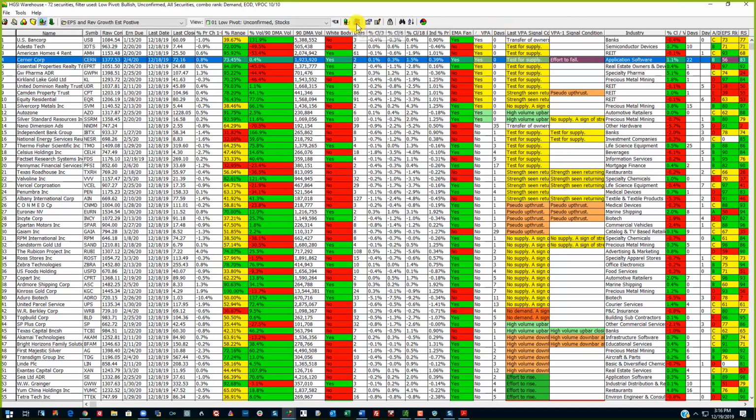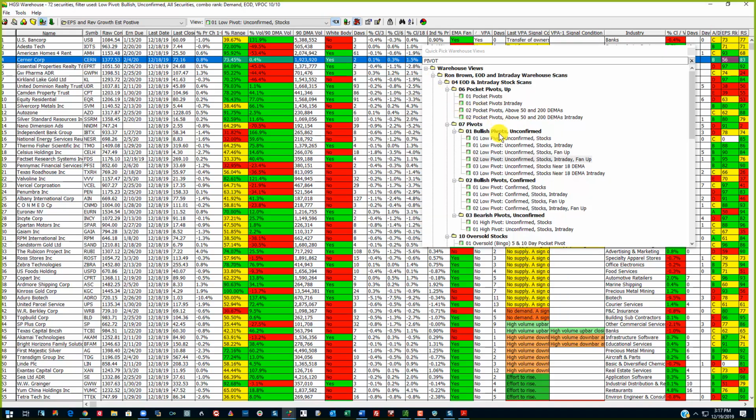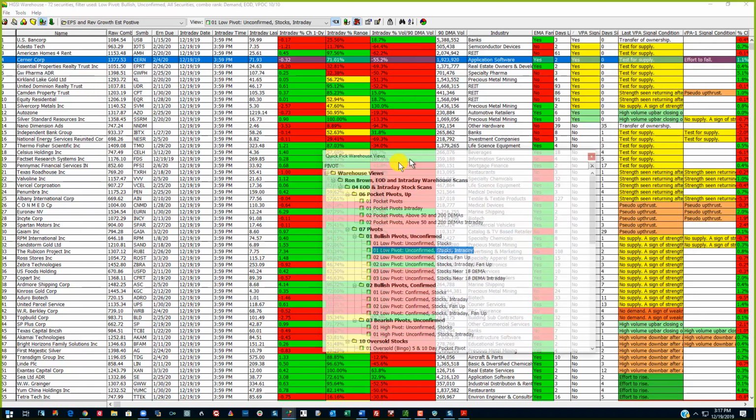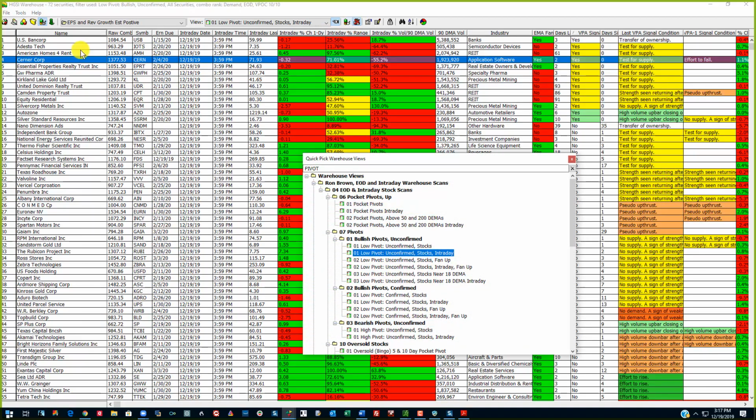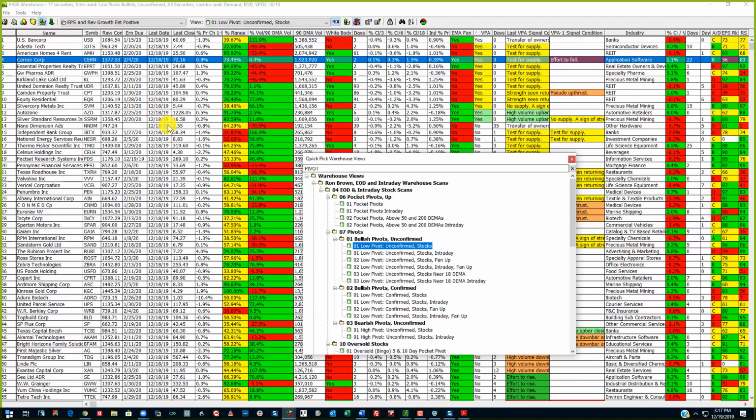So I'm disengaging the combo, and what I'm doing is I'm going to go down to the low pivot intraday. And by disengaging the combo, what it does is it keeps these stocks in the same order. Let me go back up to the top.